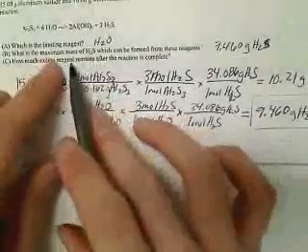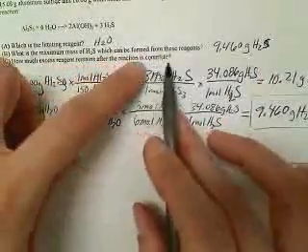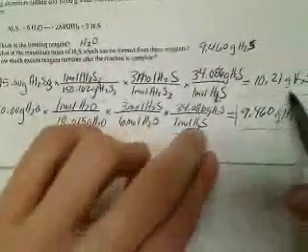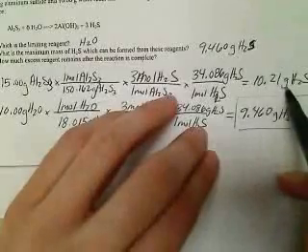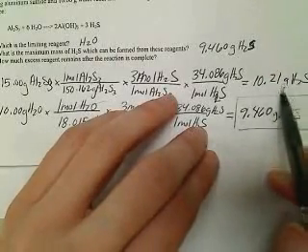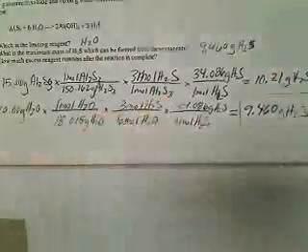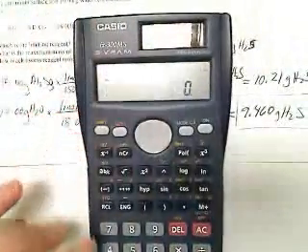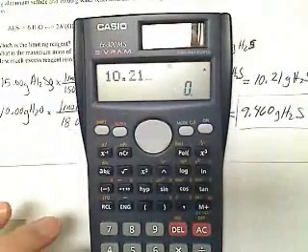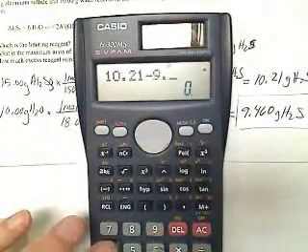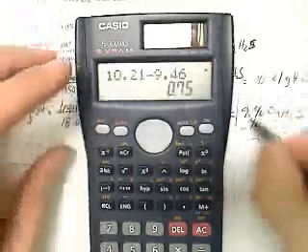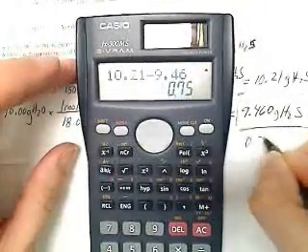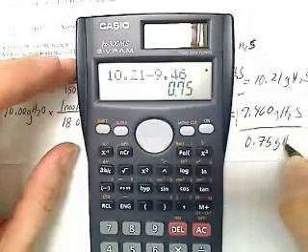Now the question is, how much excess reagent remains after this is complete? So now you have to think for a second. The total that I could make is 10.21, but we can only make 9.46 because of our limiting reagent. So 10.21 minus 9.46 gives me 0.75 grams of H2S.